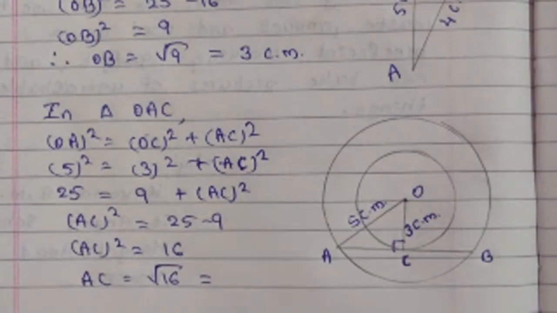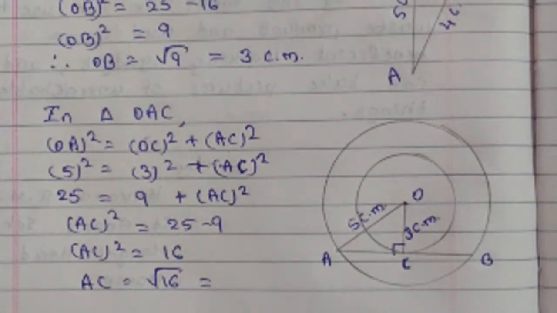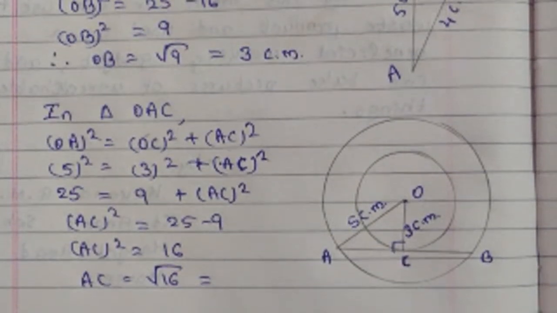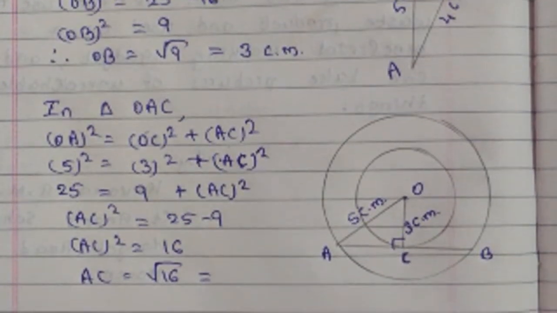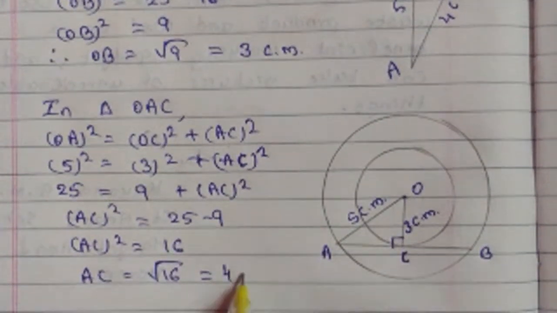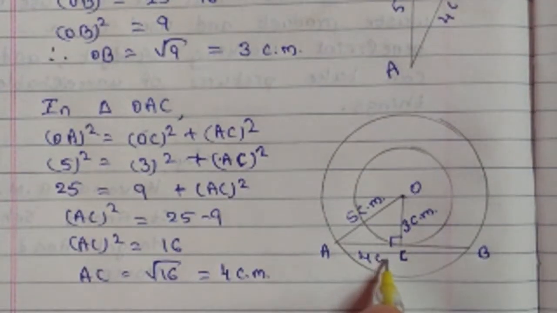The square root of 16 is 4 centimeter. So therefore AC value is 4 centimeter.